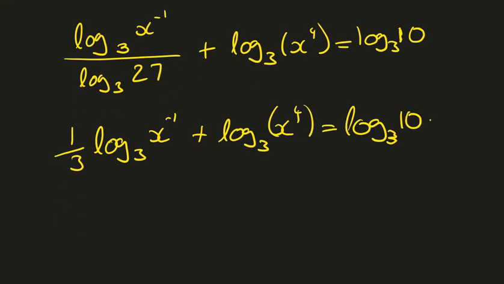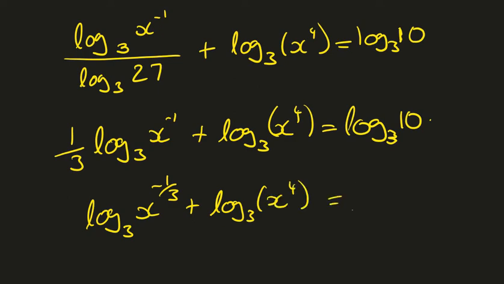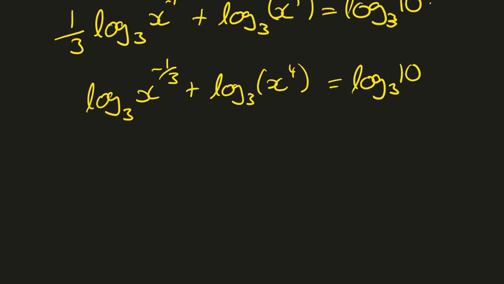And now we can bring that third up. We'll have log base 3 of x to the minus a third plus log base 3 of x to the 4 equals log base 3 of 10. And now we're ready to bring those two parts together in one expression.